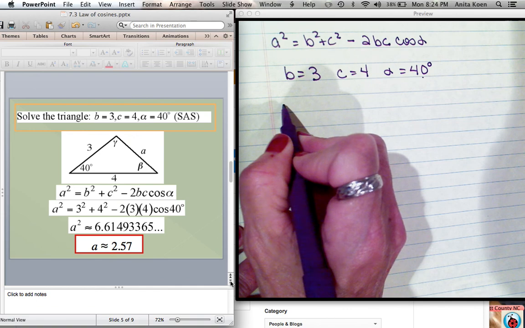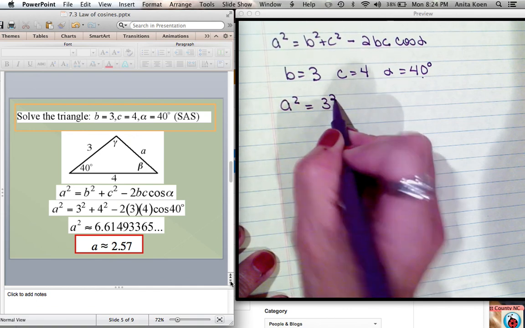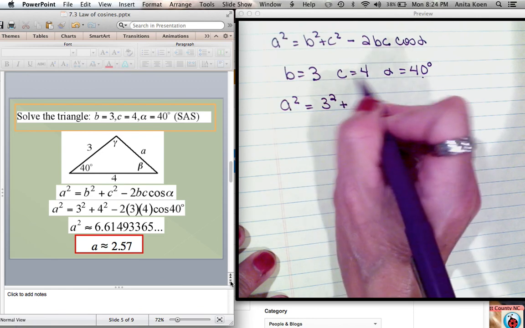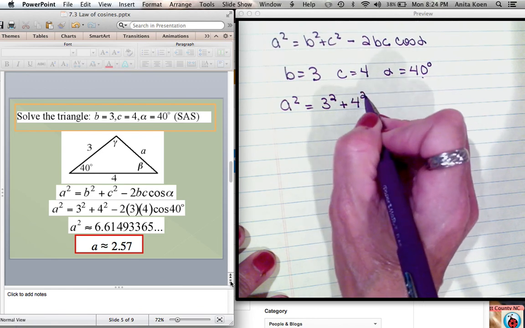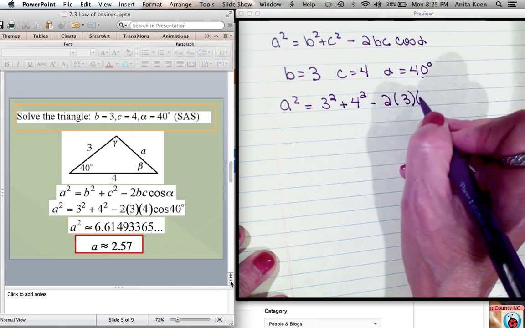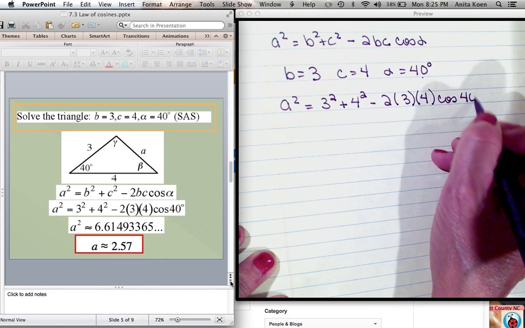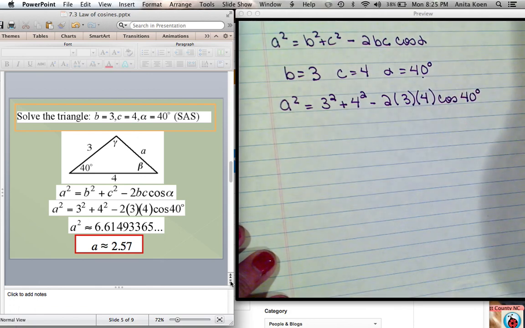So a squared is equal to b squared, which is 3, so that's 3 squared, plus c squared, which is 4 squared, minus 2 times b times c times the cosine of alpha, which is 40 degrees. So all I have done is substitute in the numbers that I knew into my formula.